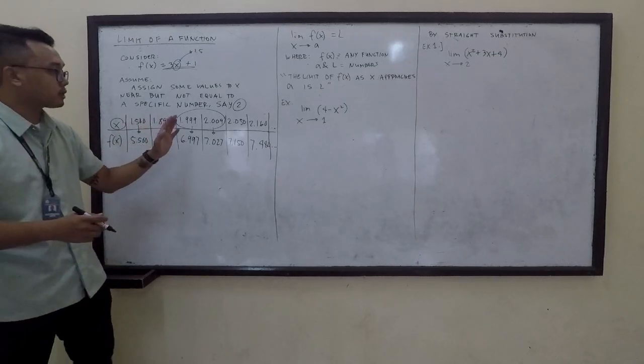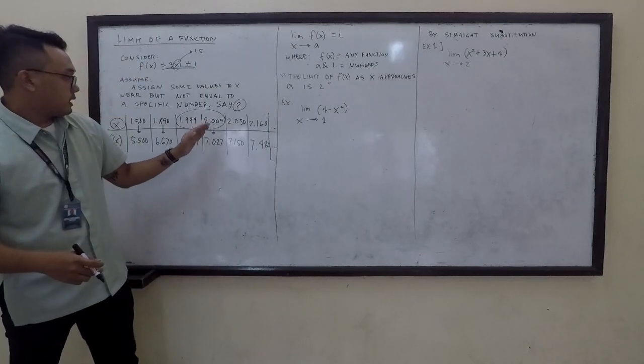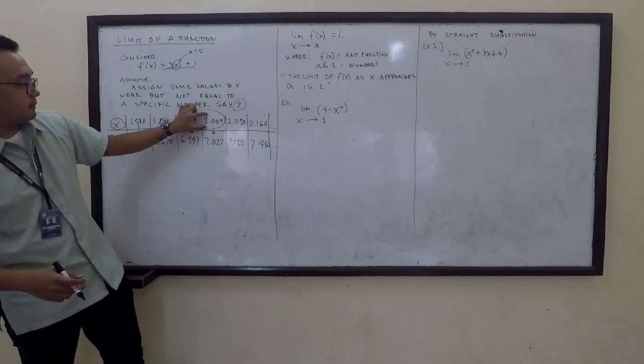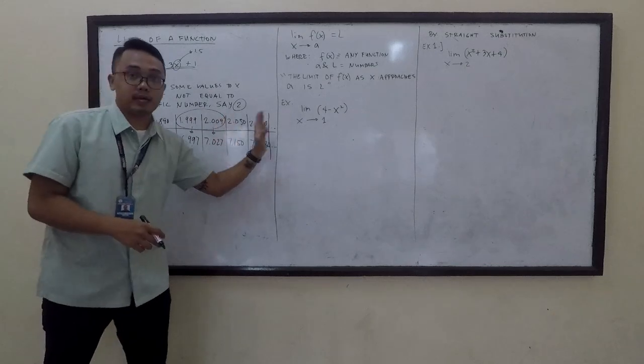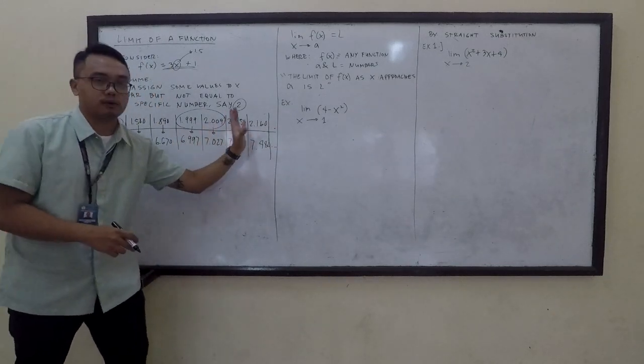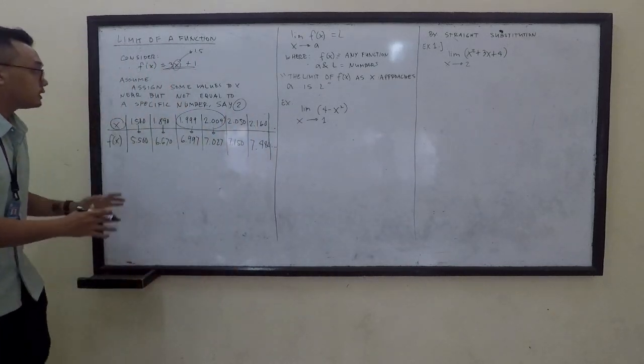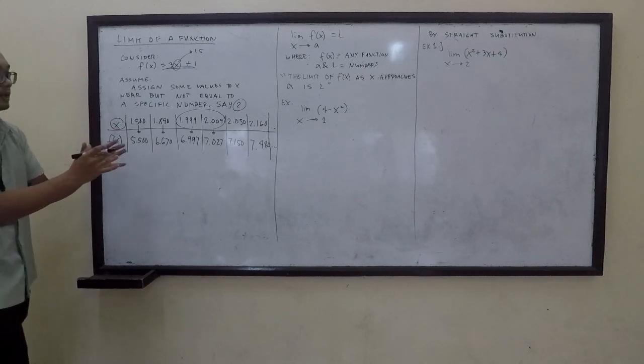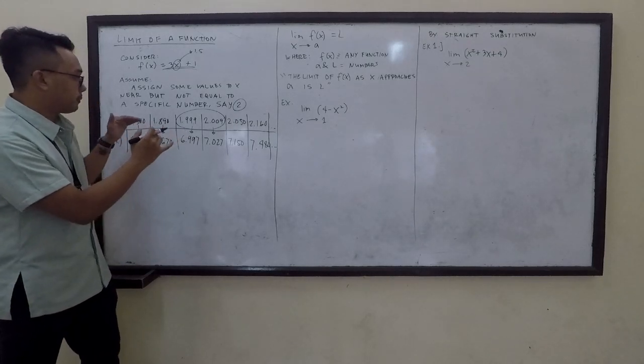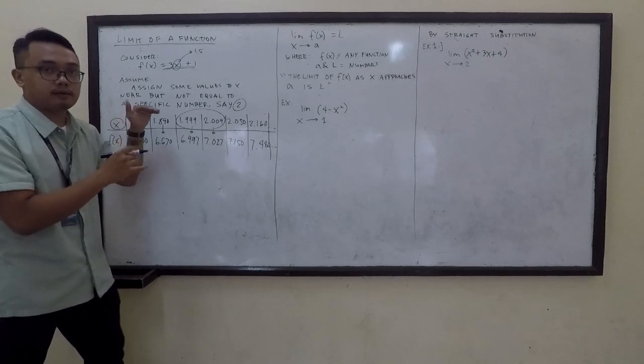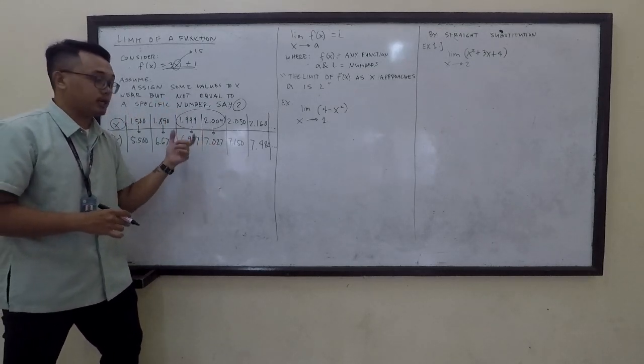If we continue, we move away from number 2, so we don't consider those at the side. The whole purpose is that x approaches the value of 2, but is not really equal to 2.